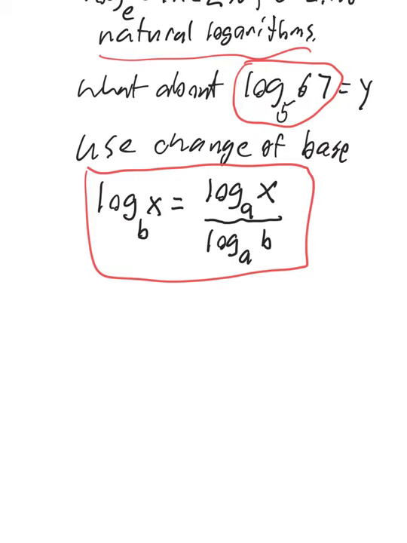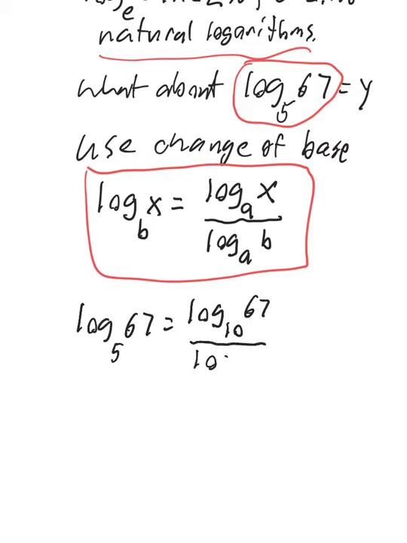So let's say we want to know what's log base 5 of 67. Okay. Let's change to base 10 because we can do base 10 on our calculator. Log base 10 of 67 divided by log base 10 of 5. Okay? And then you would just have to calculate each of those.